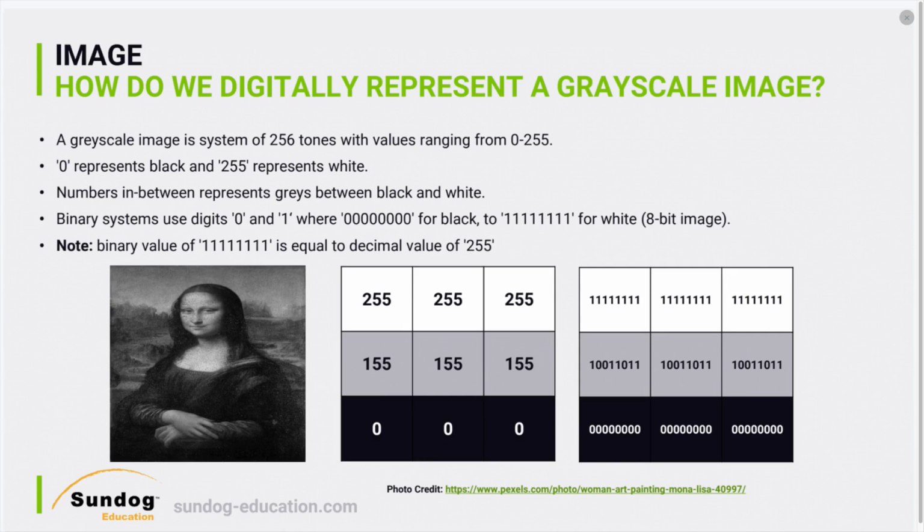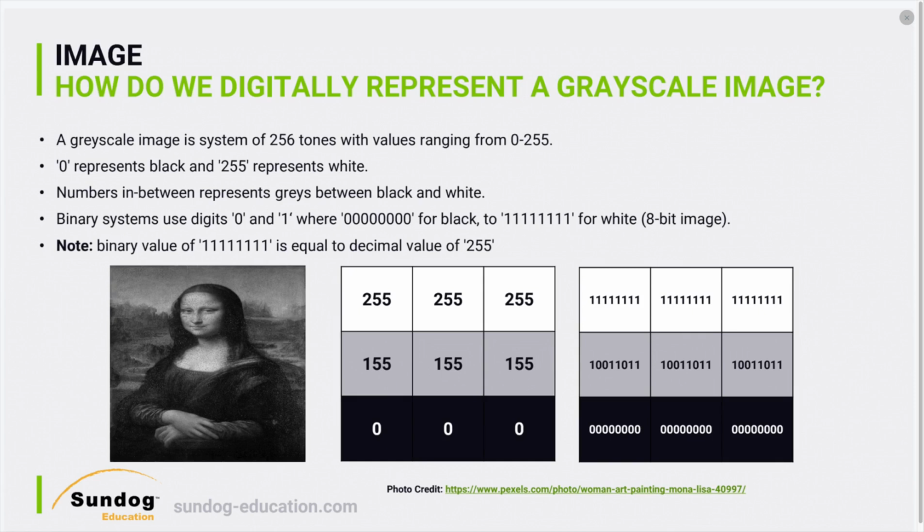In between, there are different shades of gray. If we have 0, that means black. 255 means white. In between, 155 means we are in a gray color. That's great. So that's how we represent an image in a decimal number format.